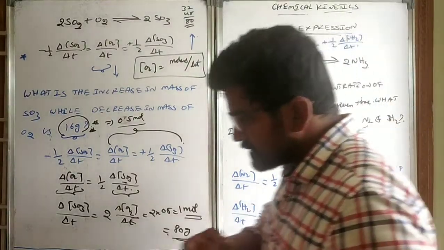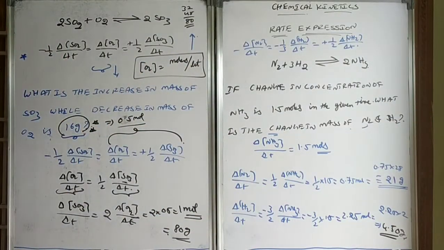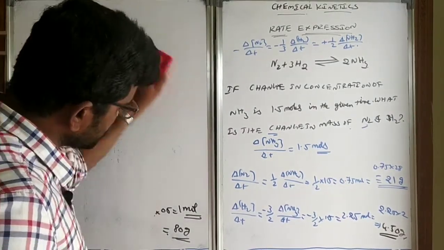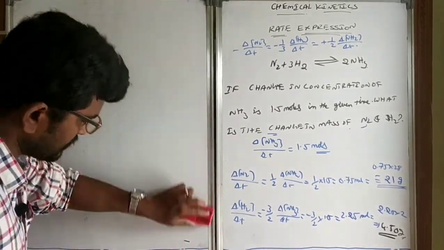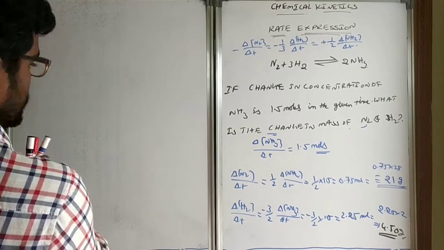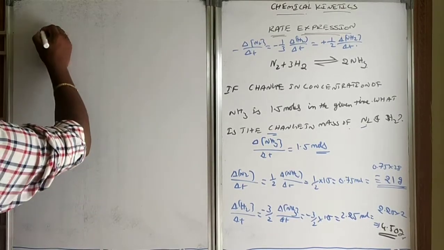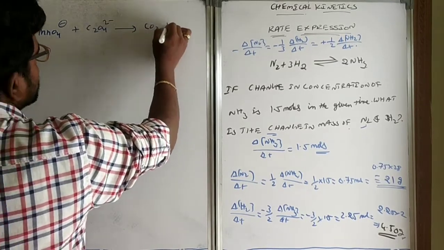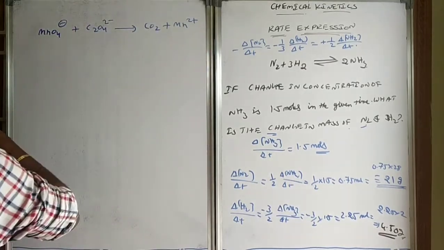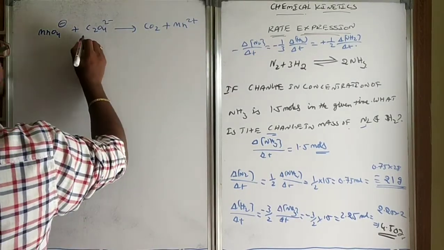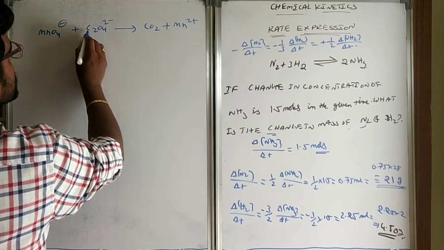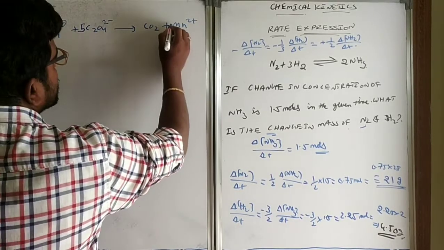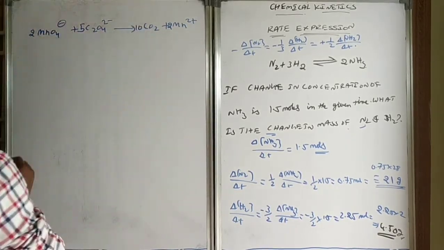I will give you some reactions and based on them you can write the rate expressions. If you take this one, MnO4 minus plus C2O4 2 minus gives CO2 plus Mn2 plus, for this you write the rate expression. There are 2 and 5, and 2 Mn2 plus and 10 CO2.